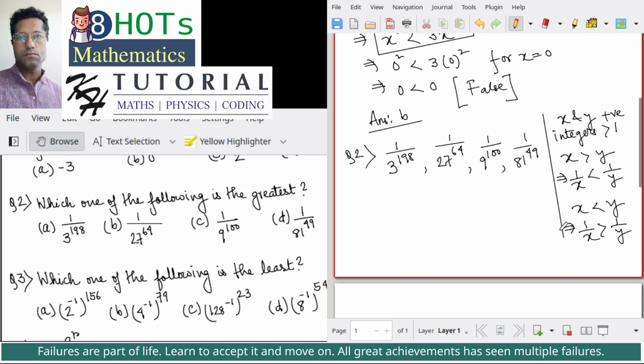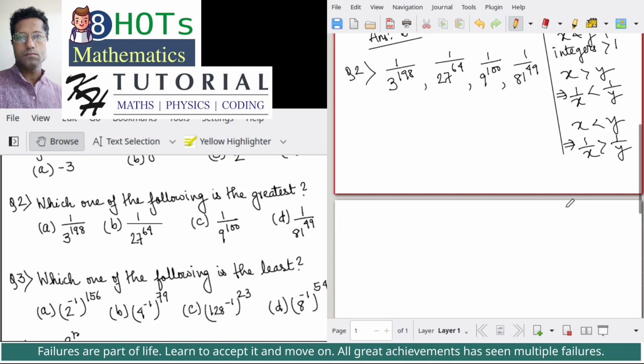So if I have to check whether 1 by x is greater than 1 by y or not, I will check whether the reciprocal of 1 by x, that is x, is less than y or not.